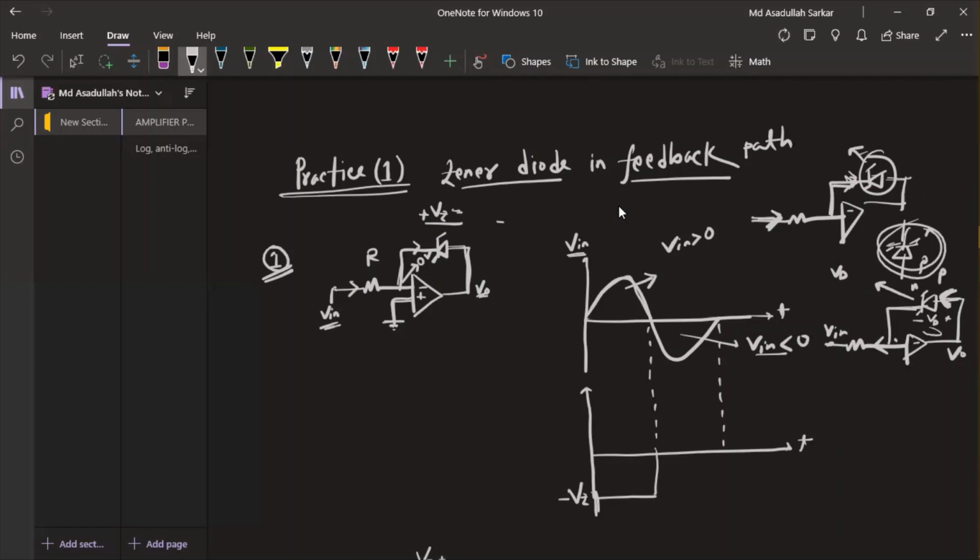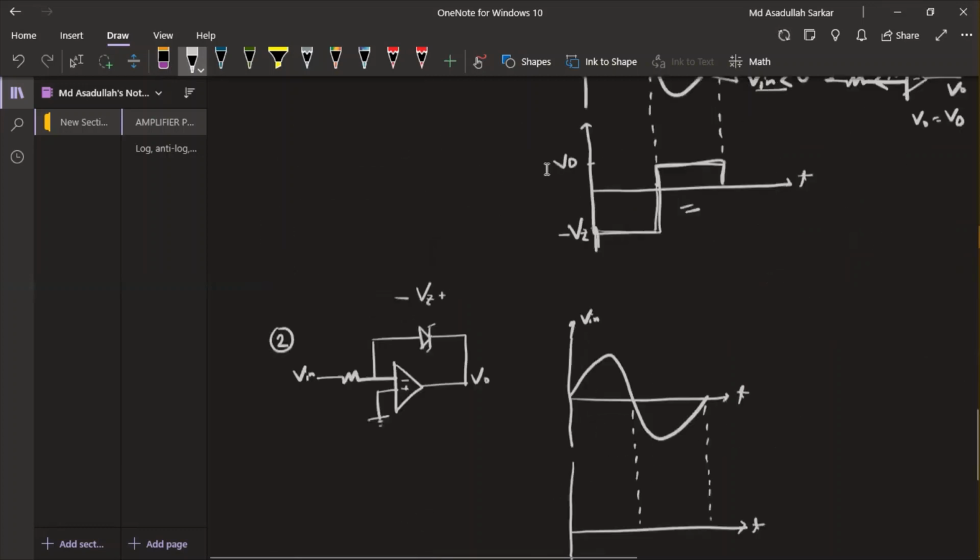If we make a loop here, we will find that V output is equal to Vd. So for the negative half cycle, our output voltage is equal to Vd. This is the output waveform of an amplifier where a zener diode is placed in the feedback path.